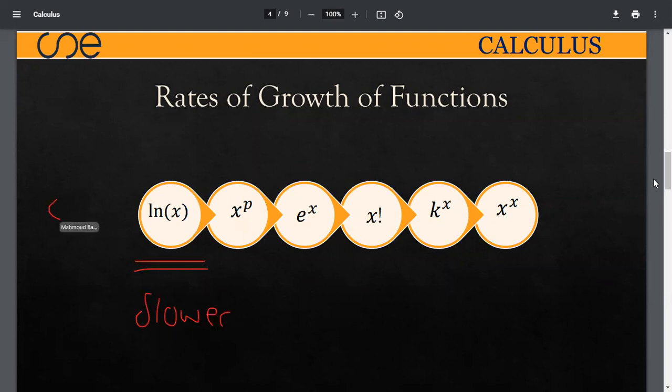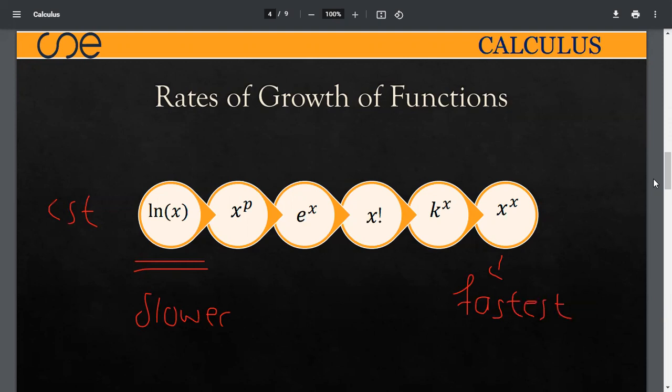Of course, the constant function does not even move, so it's the slower function. But from the functions that change variables, the ln of x is slower. Then comes x power p, then e power x, then x factorial, then k power x, then x power x. So x power x is the fastest we know. Okay, again, and combinations of x power x.